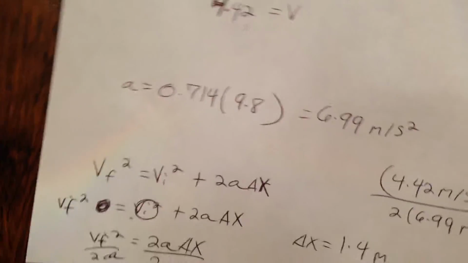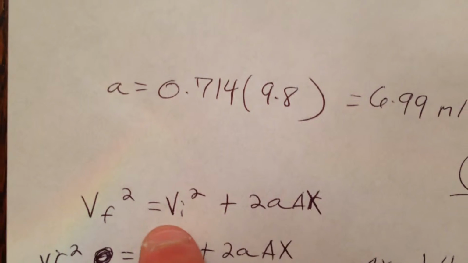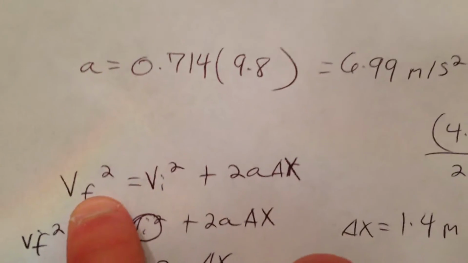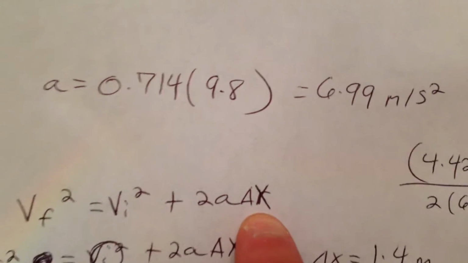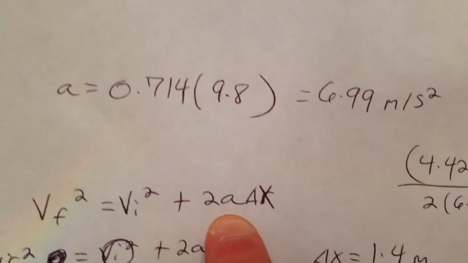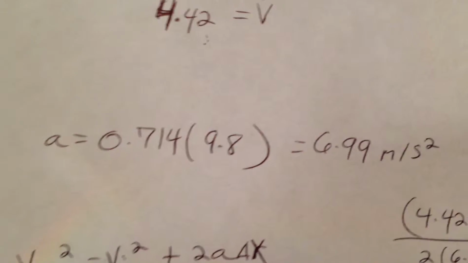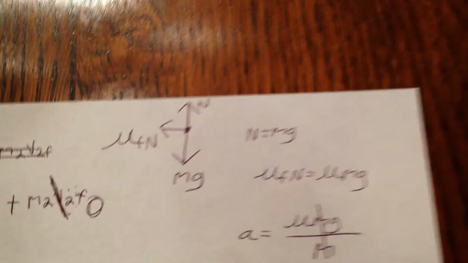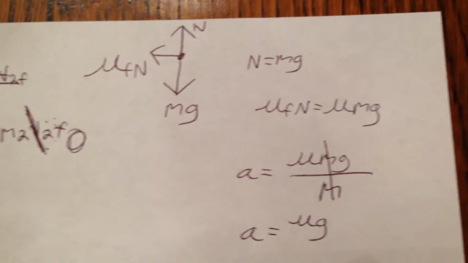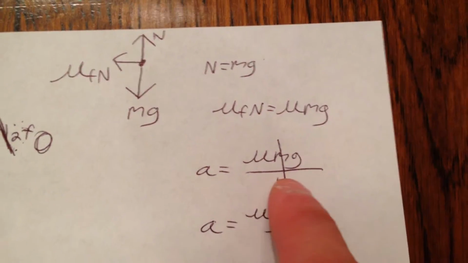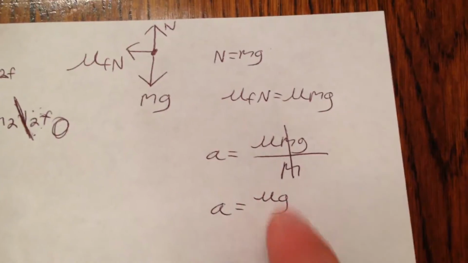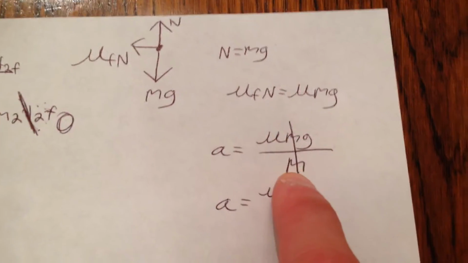Now, this is the equation that I'm going to finish up with. So we know what the final velocity is, and we know what the initial velocities are. We're trying to find the distance, and we don't have the acceleration. So to find the acceleration, we go back to the free body diagram. Acceleration is going to be equal to mu mg over the total mass, but the m's cancel.